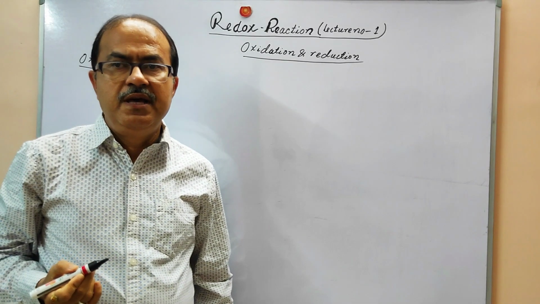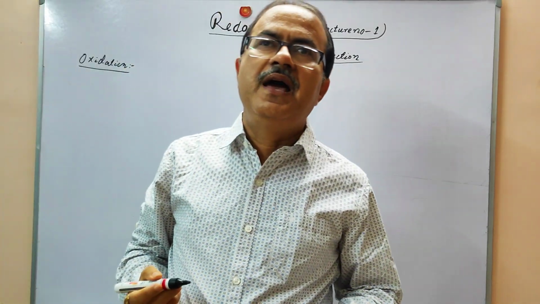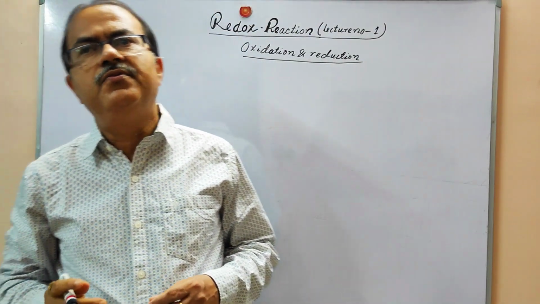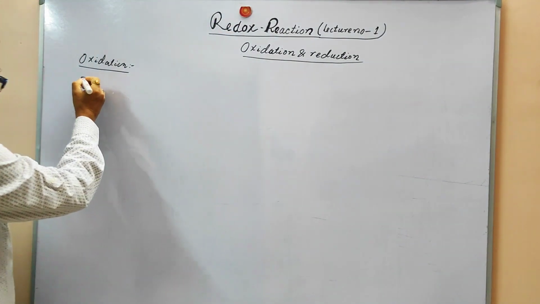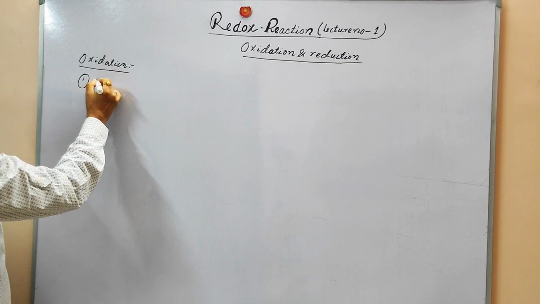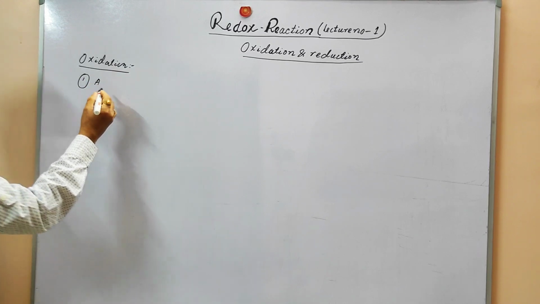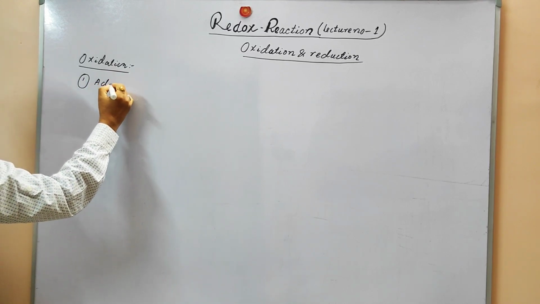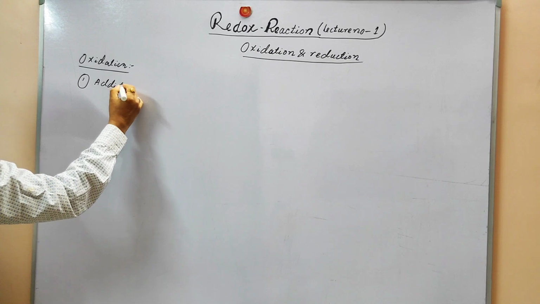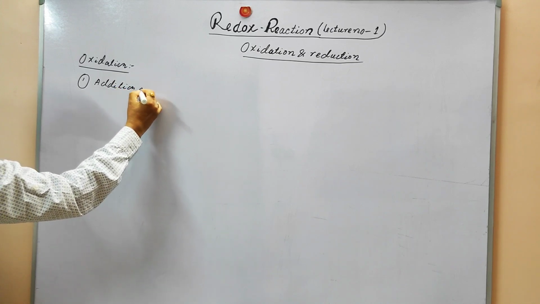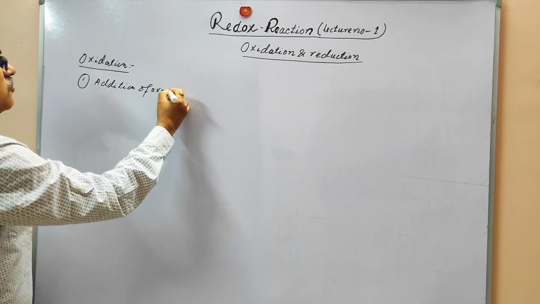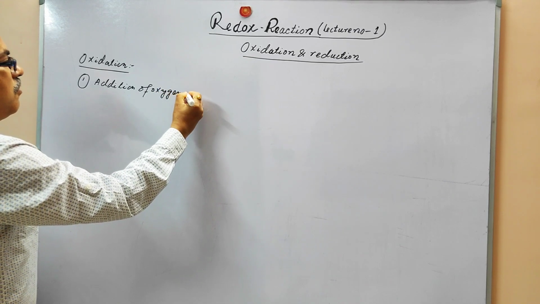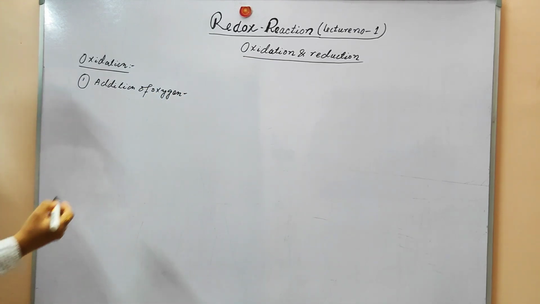Oxidation can be described in different ways that we are now going to discuss. First, oxidation is the addition of oxygen. Addition of oxygen we call an oxidation reaction.